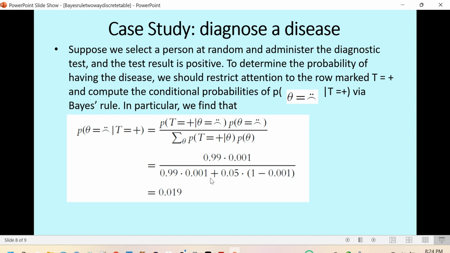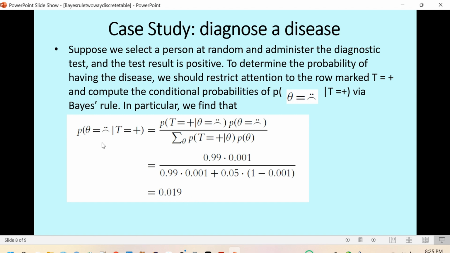And this marginal is a summation of 2 cases. One is the person has disease and tested positive. Another case is the person has no disease, tested positive. So the result is only 0.019.